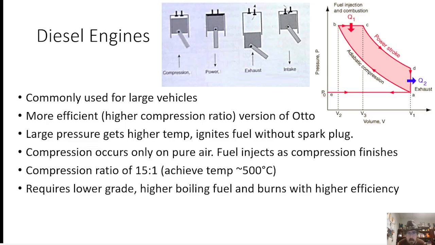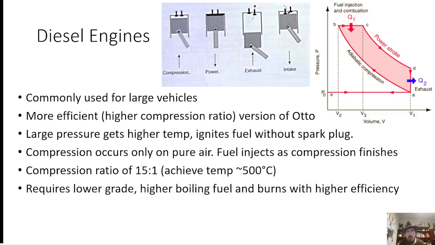That's because when we initially compress the gas, we are only compressing pure air. So when we're in position E, we have no fuel. We let all this air in. So in the intake, starting at the end, we're compressing it down, so there's almost no space.